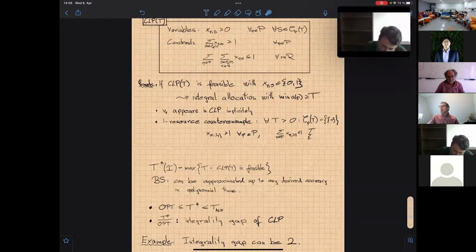Right, so what we are interested in is to determine the integrality gap of this CLP, which is what I call the integrality gap.